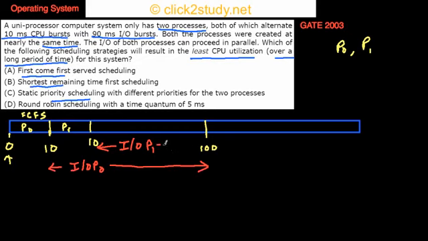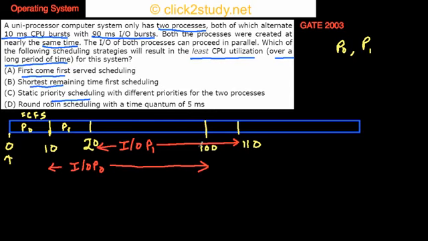It will go on up till 110, because this will also need 90 milliseconds from here, and this is 20. I should write 20 here because this is 10, so this should be 20.